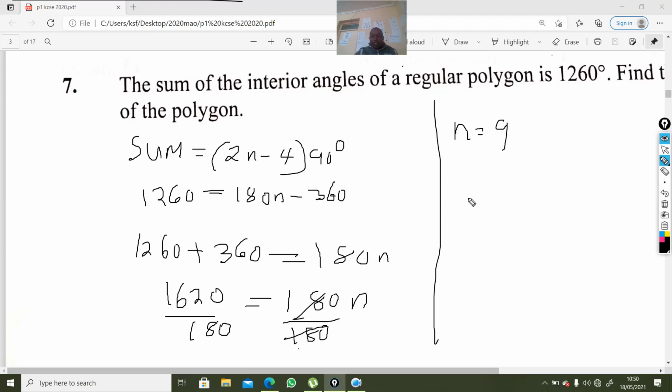So if we have the number of sides, we know that the sum of exterior angles adds up to 360.